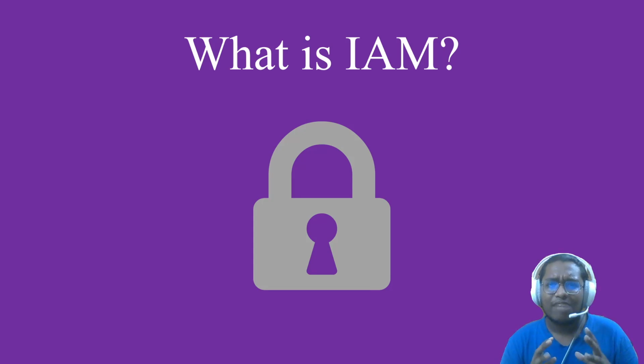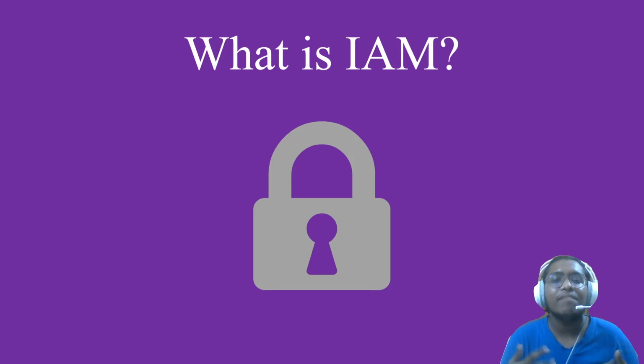In simpler terms, if we simplify this, what is IAM? IAM helps you to control access to your AWS account by defining permissions for different users and groups. This ensures that only authorized individuals can access and perform specific actions on your resources.